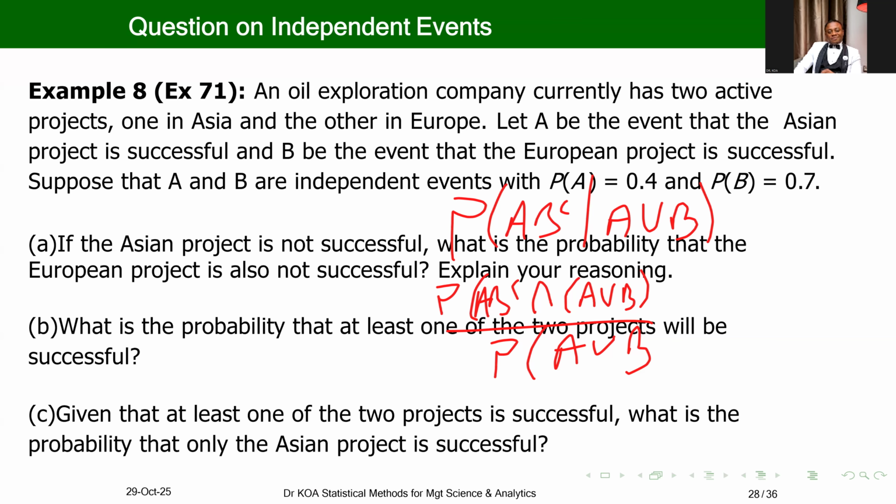This part here, you don't need it, because B complement itself is anything that is not inside B but is in the universal set.